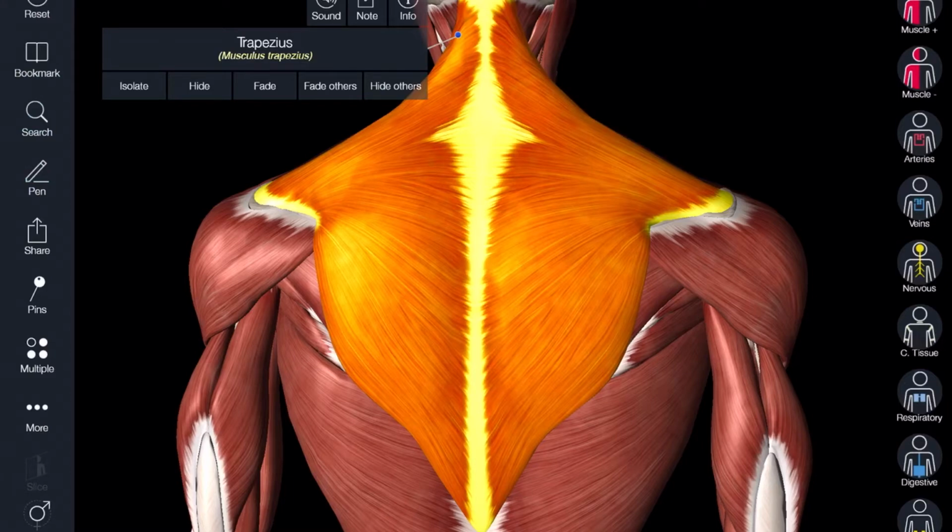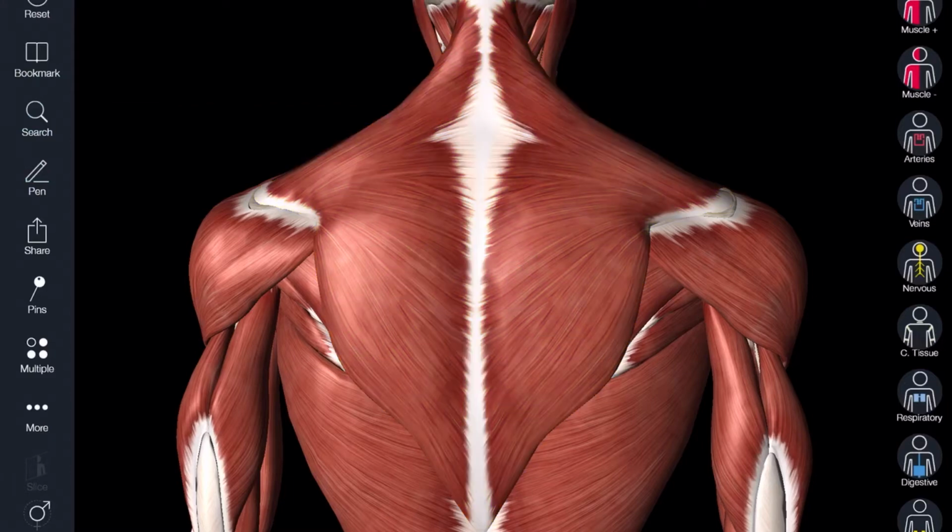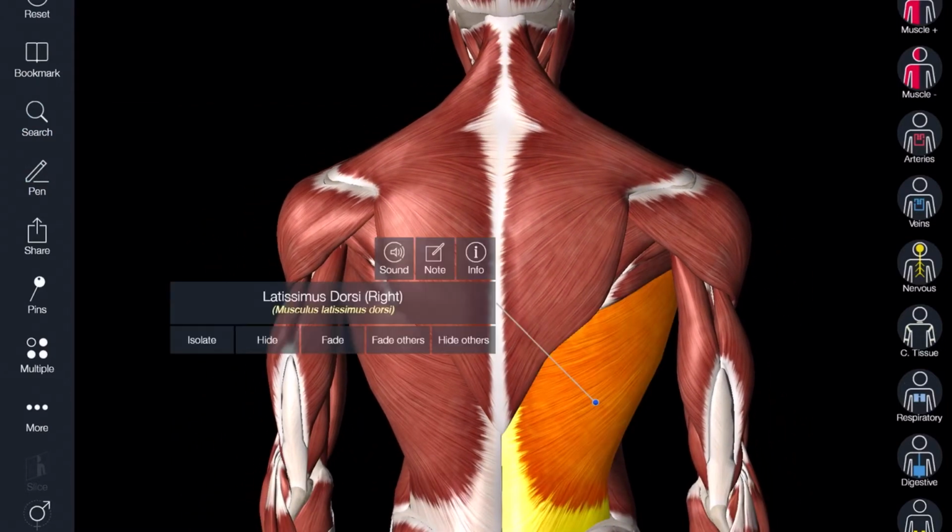Let's take a look at Latissimus dorsi. So what does the name of this muscle mean? Latissimus, lat means side, or it actually means wide, and dorsi refers to back.